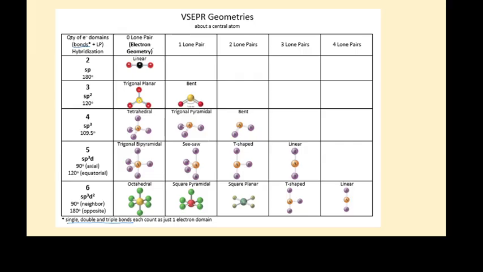And then we're going to focus first on just electron geometry. In electron geometry, I only care about the total, so I'm going to ignore the columns to the right. For molecular geometry, the number of lone pairs determines which column to look in.